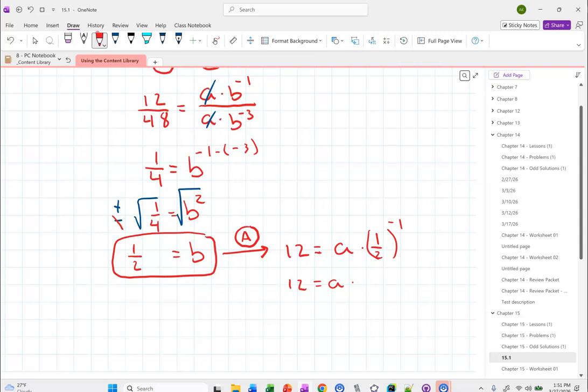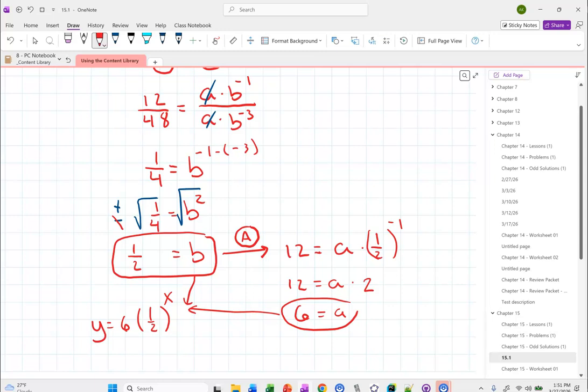I'm just making a reciprocal. And if I divide both sides by 2, then I get 6. And I put those two together. And there we go. You guys happy?